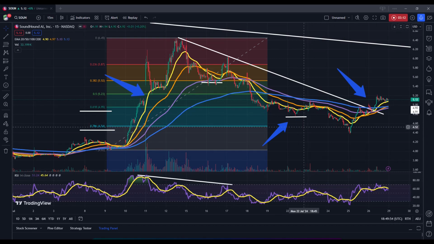Once this happened, it was only a matter of time before the 786 was tested as well. This level came in at $4.54, and as we can see here, it was ultimately broken roughly during the July 25th trading session. The ultimate lows here did come in at 4.38. So we can say that all of the major Fibonacci levels within this price move have now been broken.